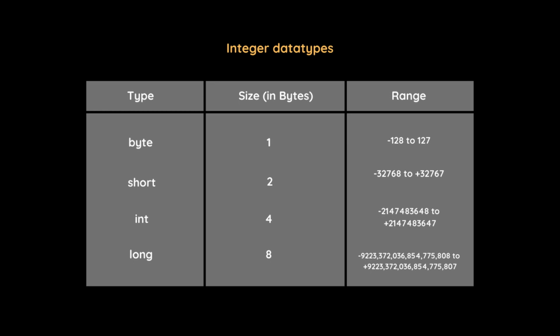The short data type takes 2 bytes in memory and its range is between -32768 to +32767. Then int takes 4 bytes in memory and its range is higher than both byte and short. And long takes 8 bytes in memory and it can store really large values. So if you already know that the value you are going to store is an integer value and it is very big, then you can choose the long data type, otherwise you can use int.